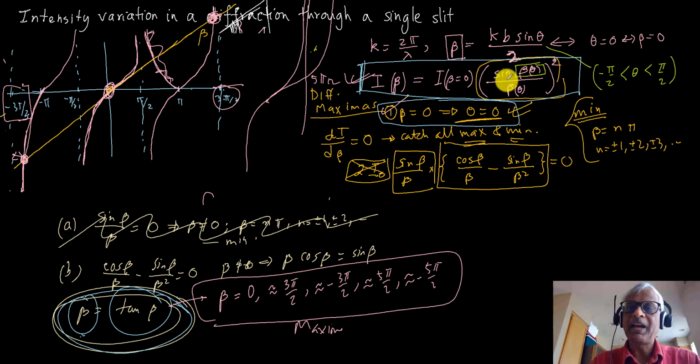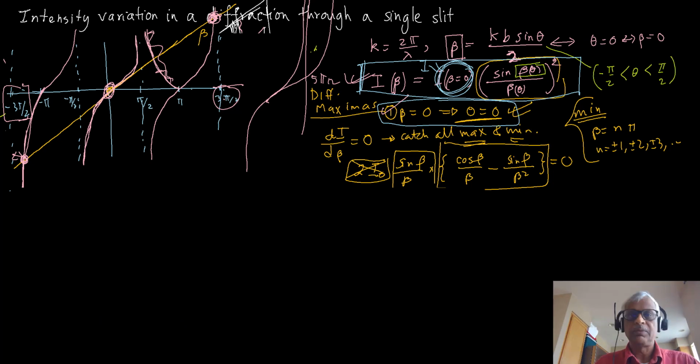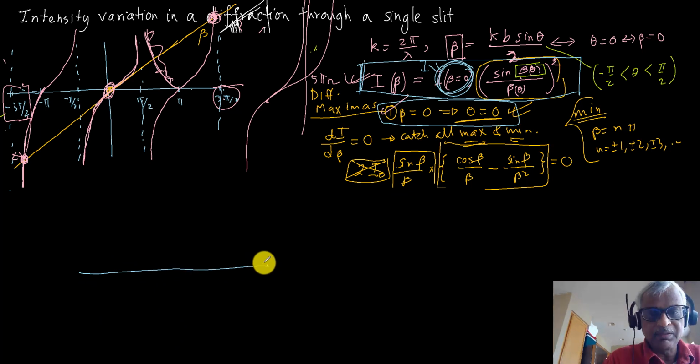It also tells us what will happen in between, because if I give it some number, say I just scale it to 1, this will vary with theta. So if I want to know how things are varying with theta, this will tell us.